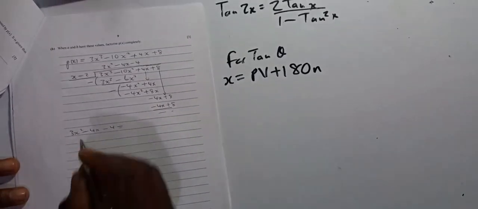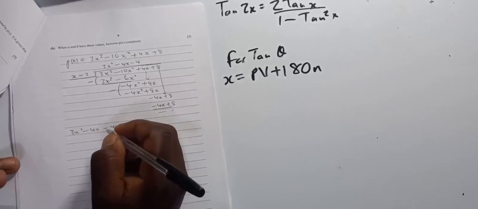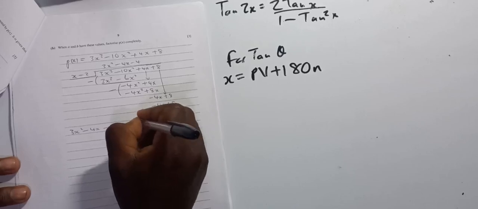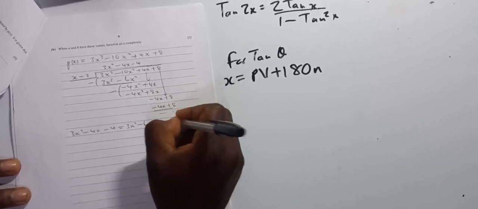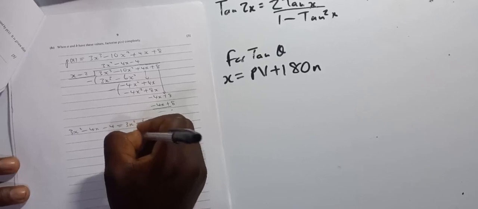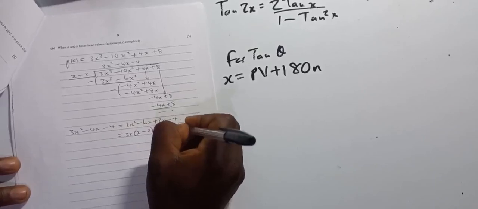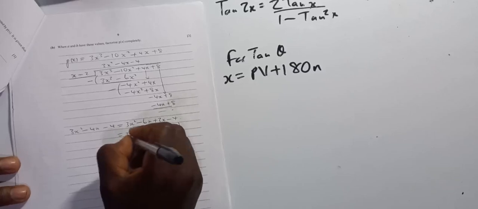Factors of minus 12 that give us minus 4 are minus 6 and 2. So we are going to have 3x squared minus 6x plus 2x minus 4. So this will be 3x bracket x minus 2 plus 2 bracket x minus 2. So this simplifies to 3x plus 2 times x minus 2.